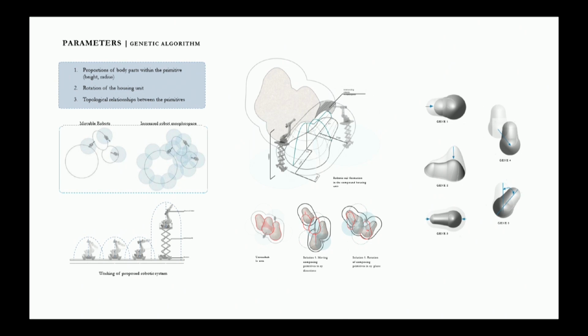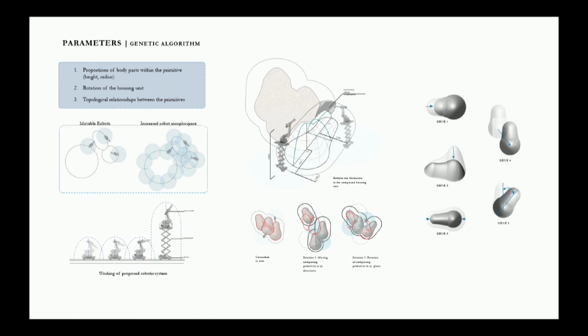We selected a set of genes, or actions, which can happen to the primitive, and they happen both on global and local scale, such as change of proportion between body parts within one housing unit, rotation of the whole unit, or moving of the units between each other.